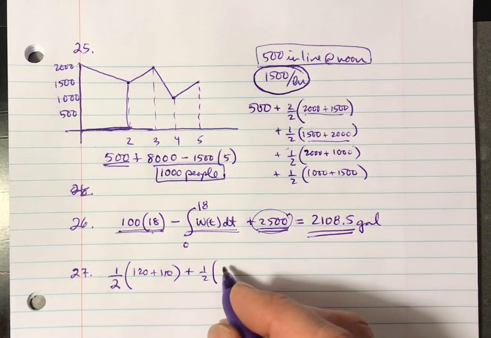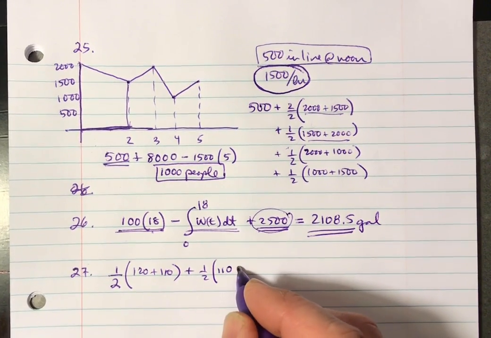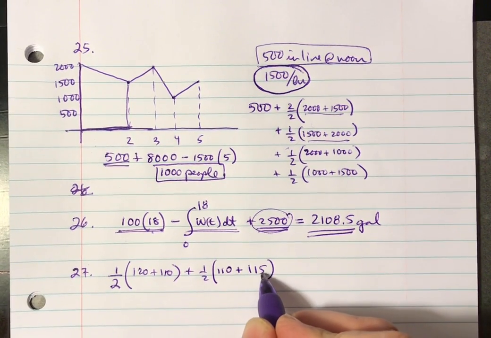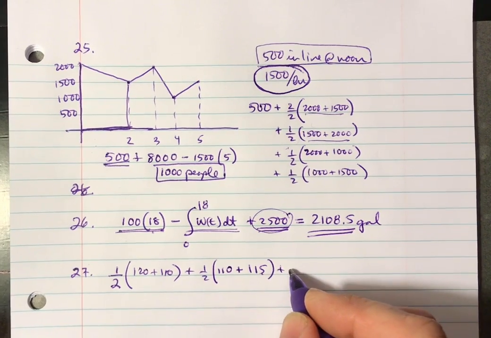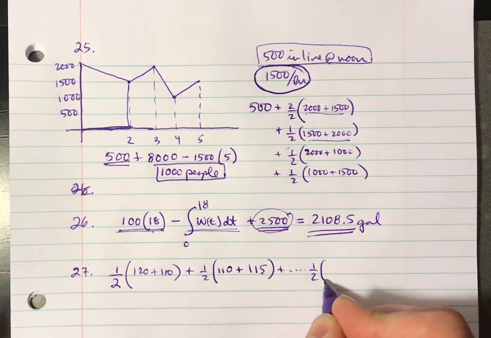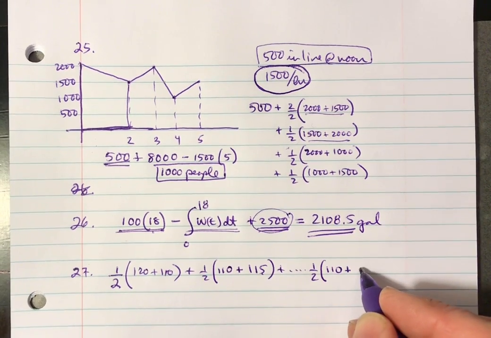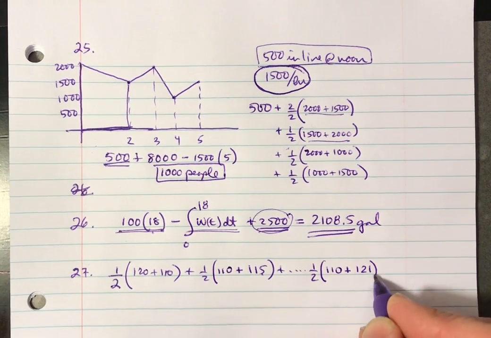And then that's going to be from 110, and the next height of that trapezoid is 115. If we just continue until we get to the very end, it would be 110, and then we get 121.